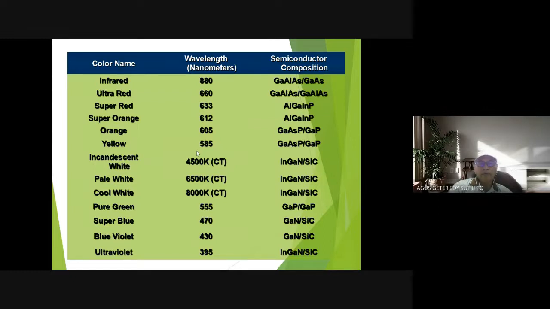LED emission comes from energizing the PN junction, or energizing the diode. So this is the semiconductor composition and the wavelength, which is then converted into visible light.